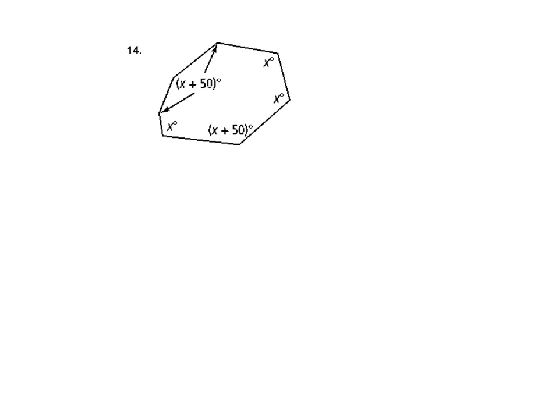Last one. Let's count those sides. Let's mark them: 1, 2, 3, 4, 5, 6, 7 sides. So I have 7 sides. 7 minus 2 times 180, so 5 times 180, that's 900. So again, I have this angle, that angle, and this one, which is x plus 50.